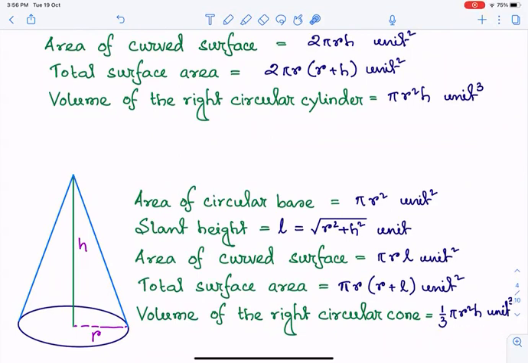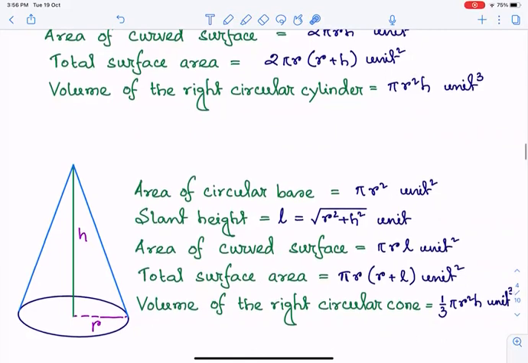Why it happens, we will justify afterward with the idea of integration. When we integrate area, we get volume. So with the ideas of integration, we can justify why a right circular cone will have 1/3 of the volume of a right circular cylinder having the same radius for the circular surface and the same height.